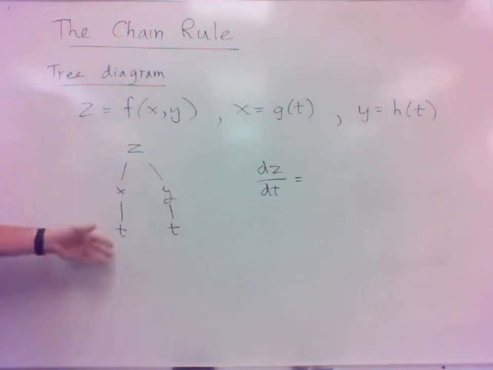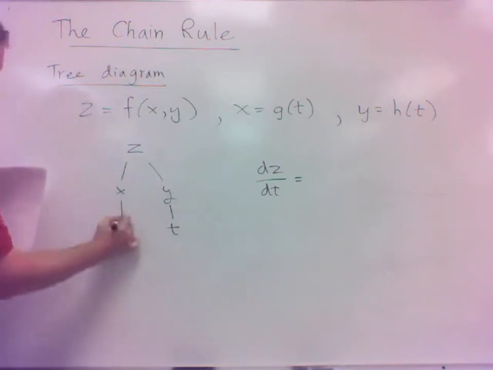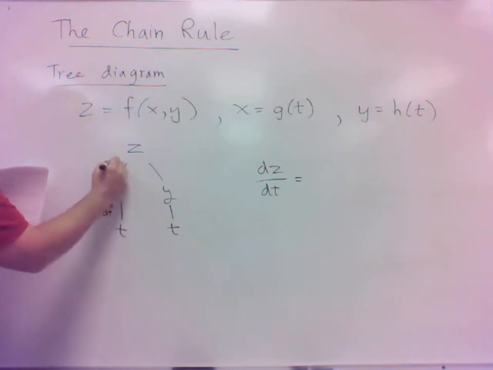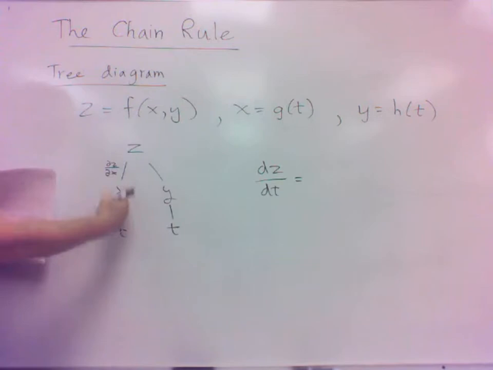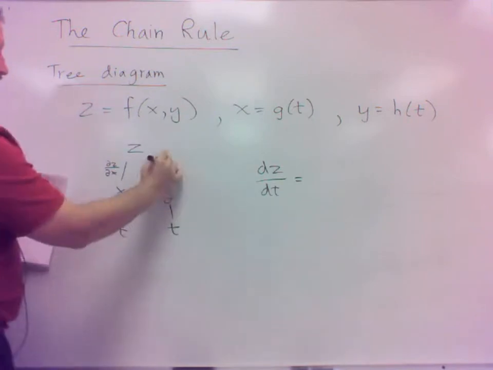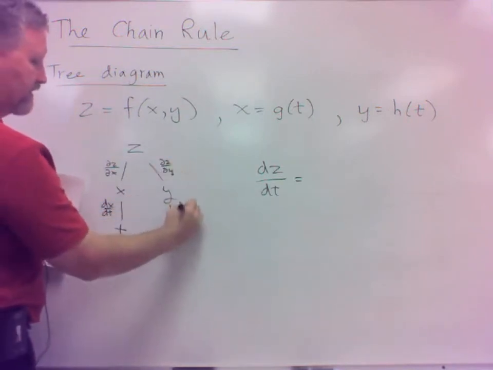It's the sum of all the products of all the derivatives from t to z. So essentially here, along this path, you've got, let's see, that would be dx dt, and then the partial here of z with respect to x, kind of getting from here to here, you see. And then this would be the partial of z with respect to y, and this would be dy dt here.